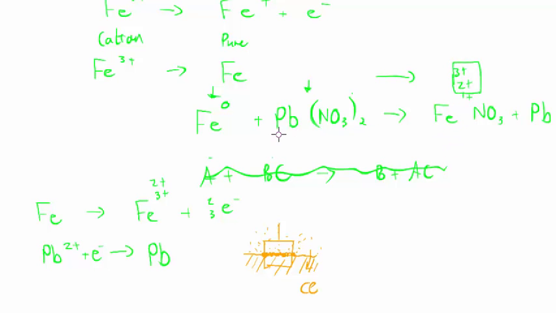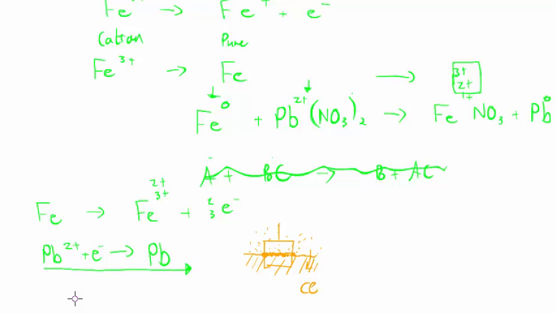But I know I'm going from 2+ to 0. So I know this is happening. Now I know lead is getting 2 electrons.